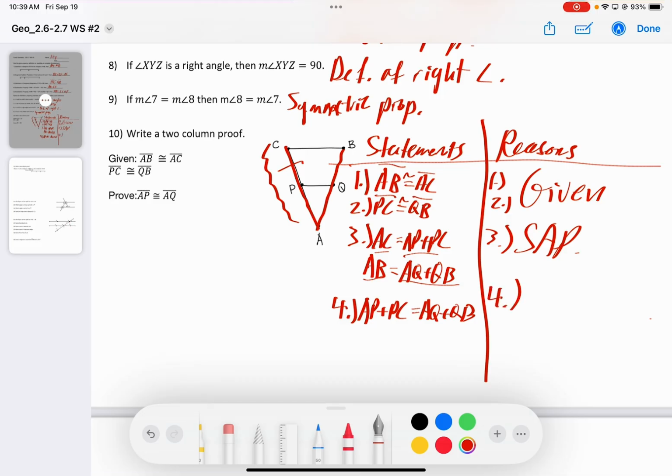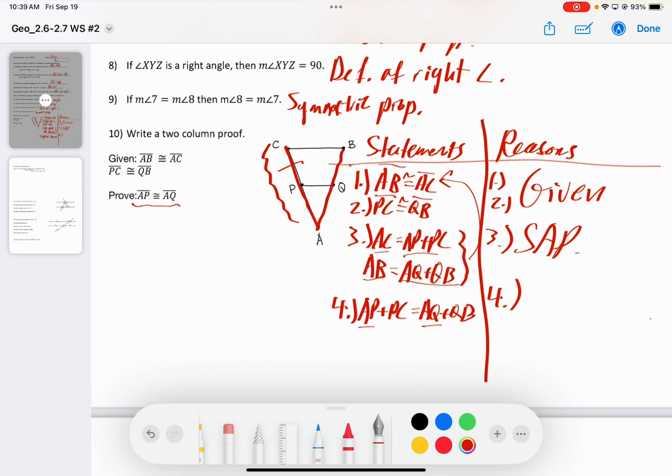What I did was take step 3 and substitute it into my original statement, but instead of just the two letters, I used the two things added together. Now, I wanted to get to the point where I have AP is congruent to AQ. That's my proof statement.